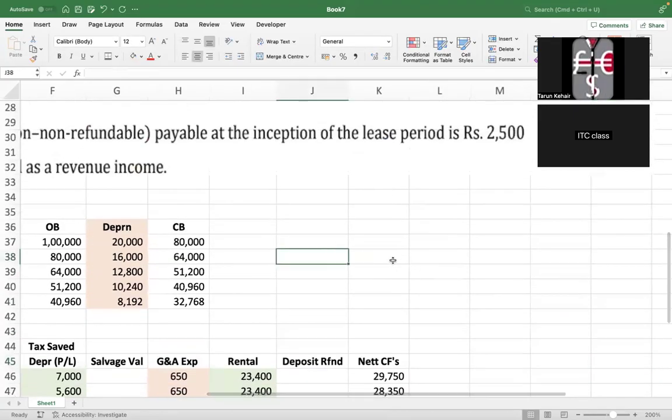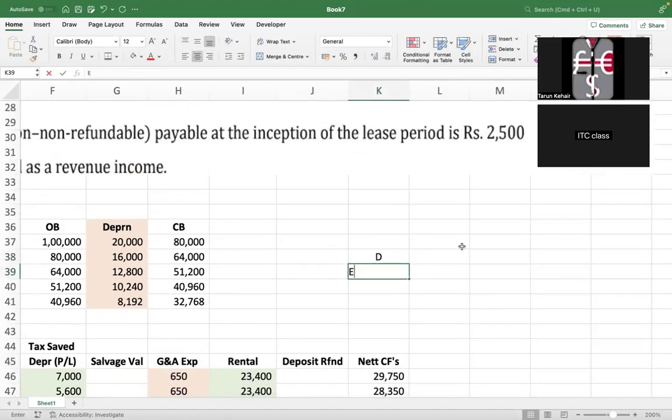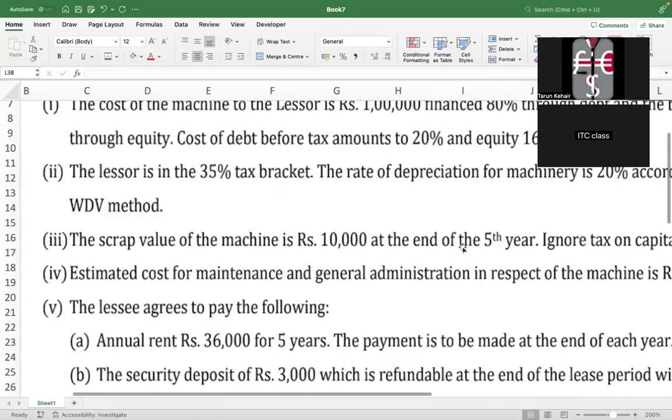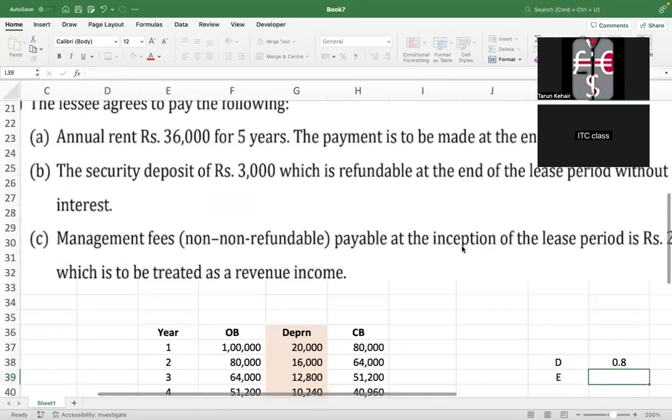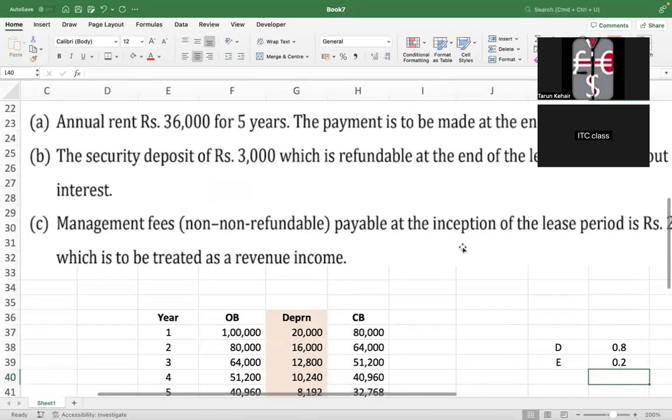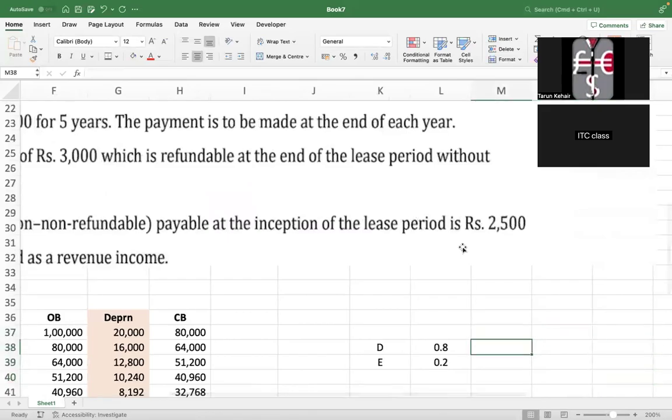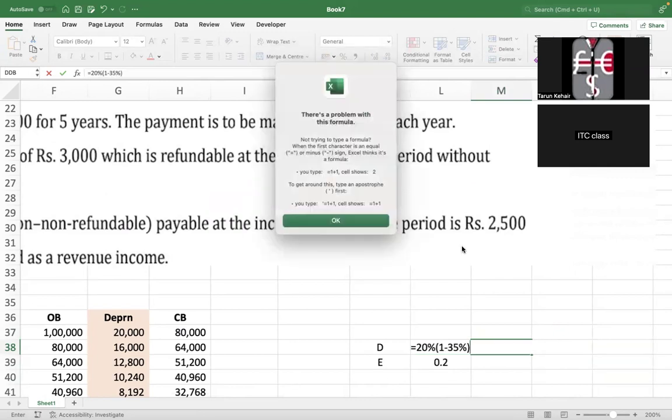So यहाँ पे मेरा weighted average cost of capital क्या है? Debt है और equity है. Debt is 80%, no? 80%. So this is 0.8 and equity is 0.2. Cost of debt will be 20% into 1 minus tax rate, correct, because it will save tax again. It's an expense.